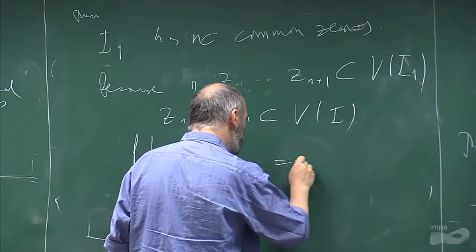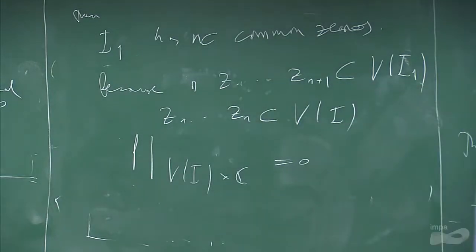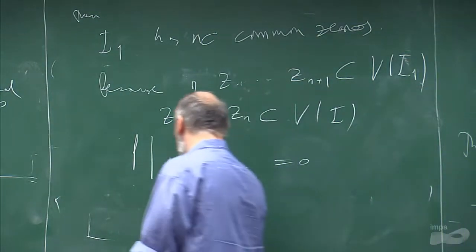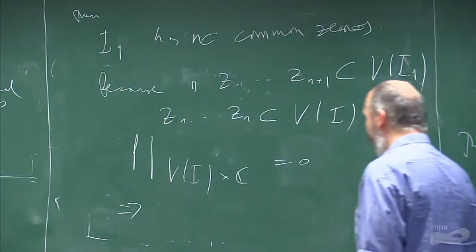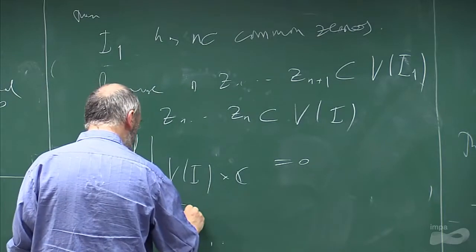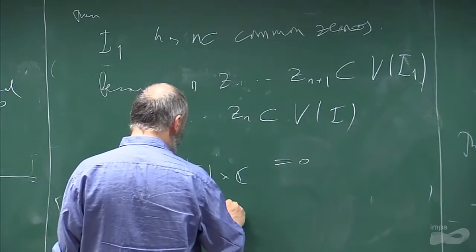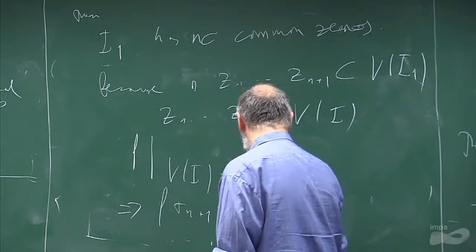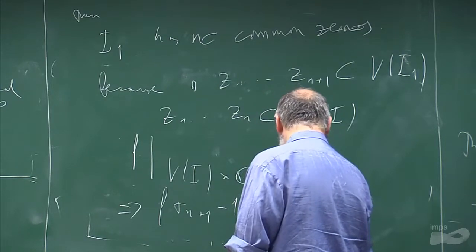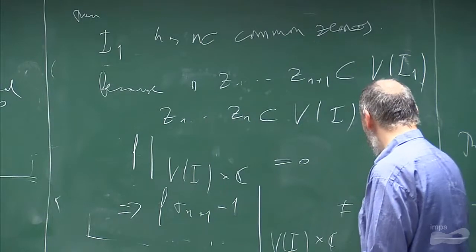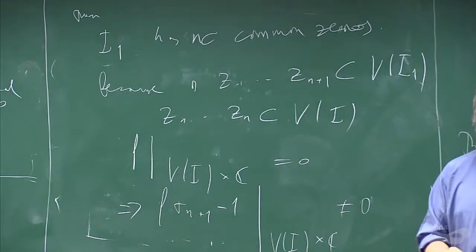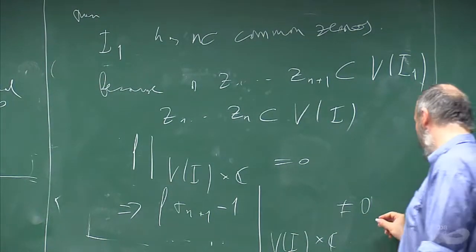But then this function is non-zero. This means that f t n plus 1 minus 1 restricted to this v of I times C is nowhere zero.